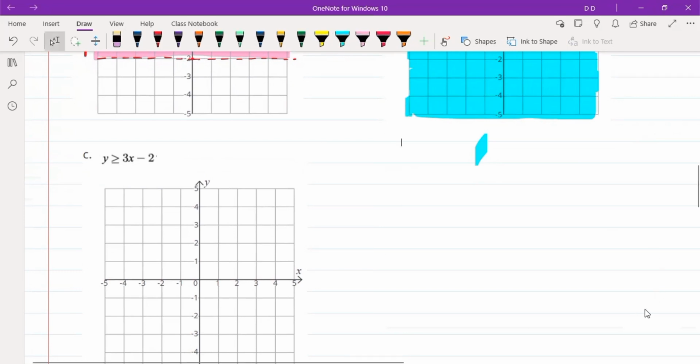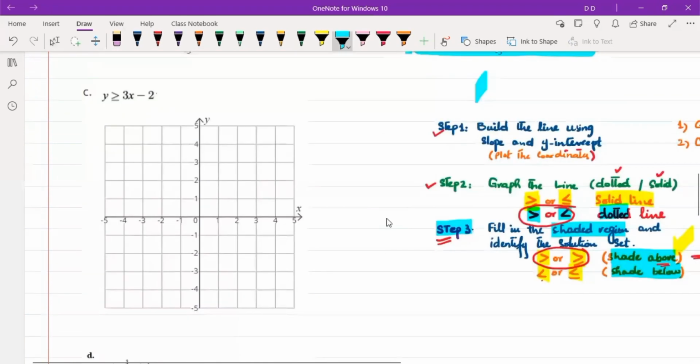Okay, I'll go one more example. This equation is not a horizontal or vertical line. So the first step is to write it with the sign of equality. Now I have to find the coordinates. I definitely need to substitute some values to find x and y coordinates.